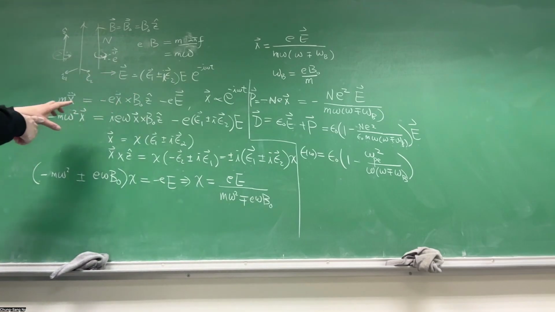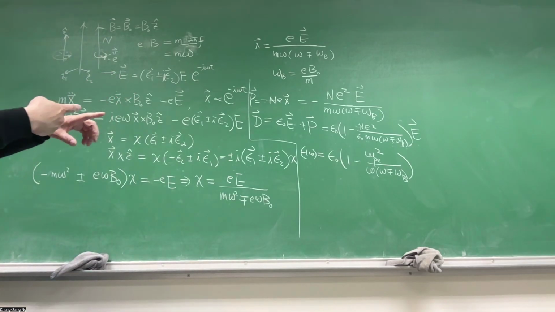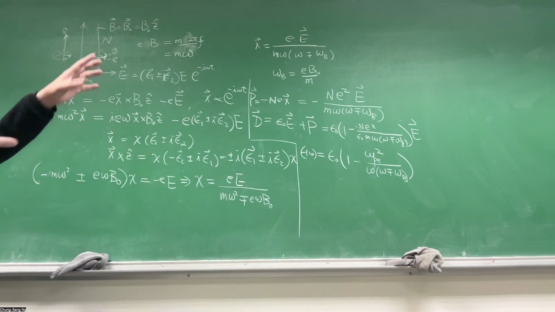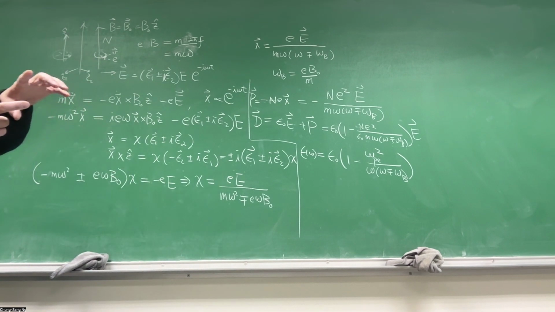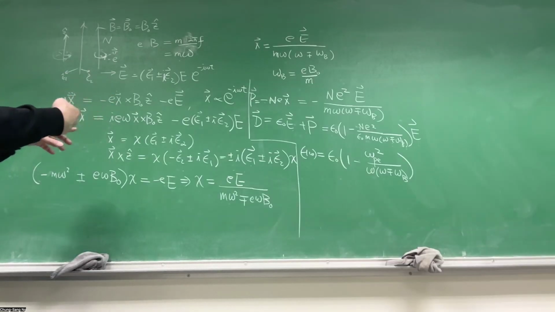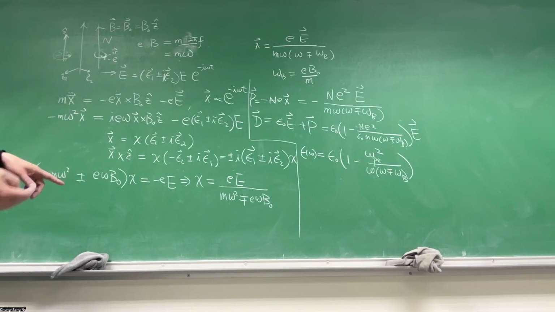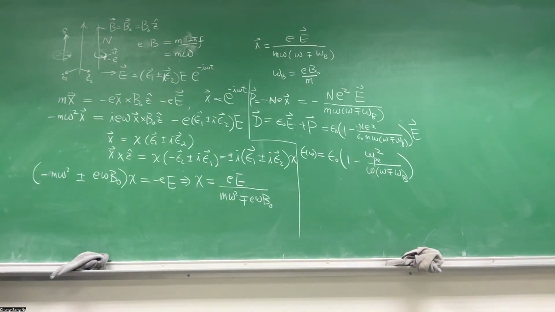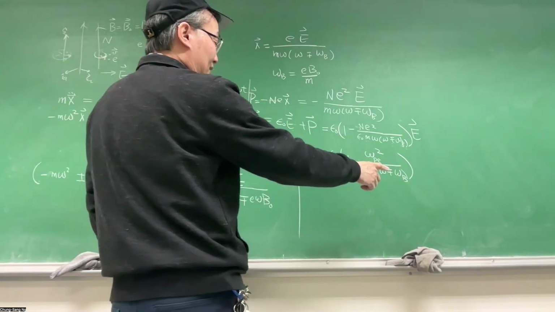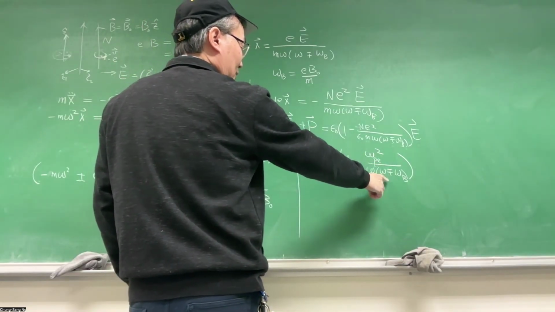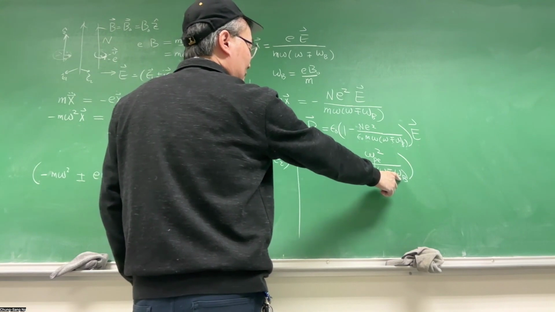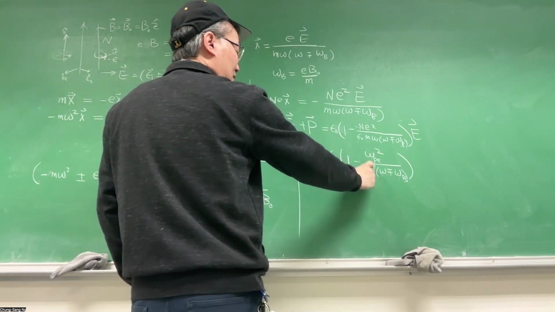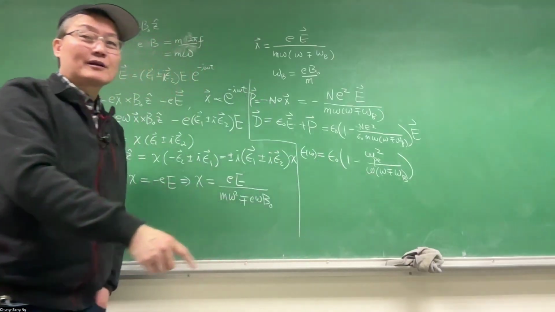The electric field is following it as it rotates, putting a force on the electron, but as the electron rotates, the electric field follows. So you keep rotating it, and the electron will gain energy this way. And therefore the whole thing will blow up. Of course it won't really blow up, but this singularity is represented by this minus sign, because if omega equals omega sub B, you have a zero in the denominator. So the dielectric constant actually blows up at that point.